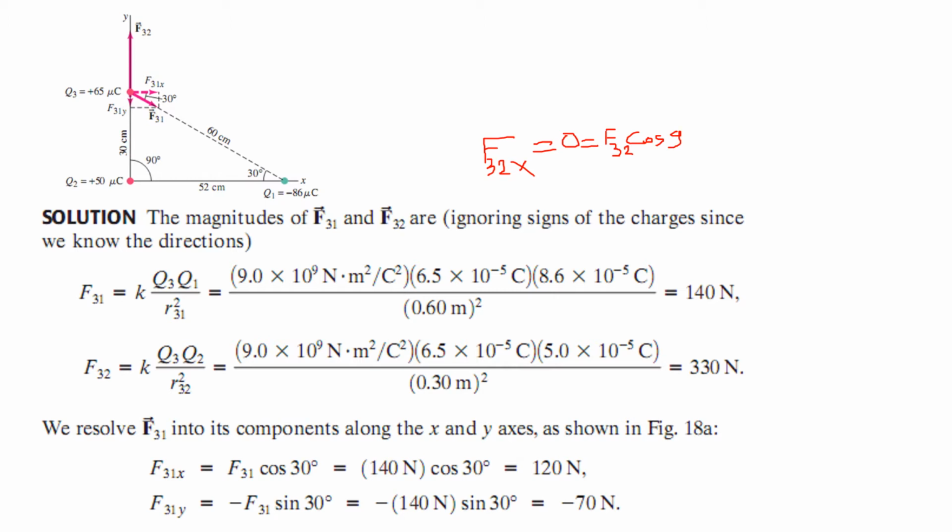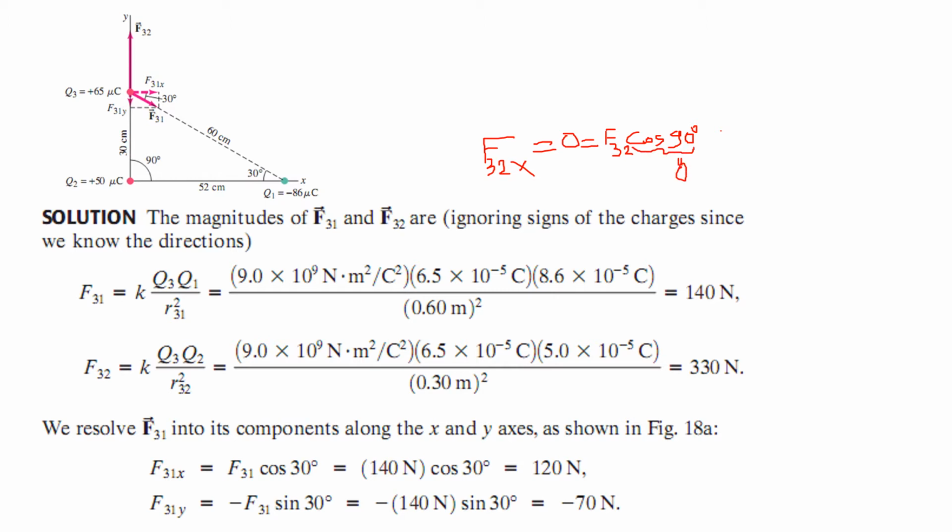Why cosine of 90 degrees? It's because between the x and y axes there is an angle of 90 degrees, and we know that cosine of 90 degrees is equal to 0.